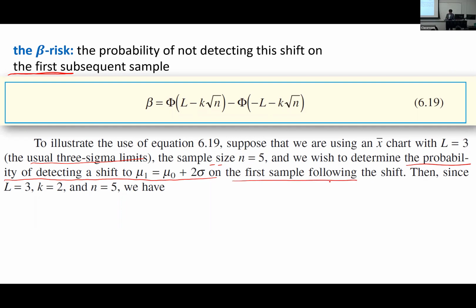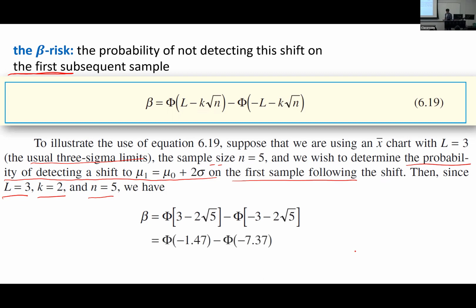Basically that formula. So L is 3, K is 2, n is 5. Beta is just using that formula we had, L minus K square root of n. Then it becomes phi of minus 1.47 minus phi of minus 7.37. At this point you should know what this is. It is on a standard normal.